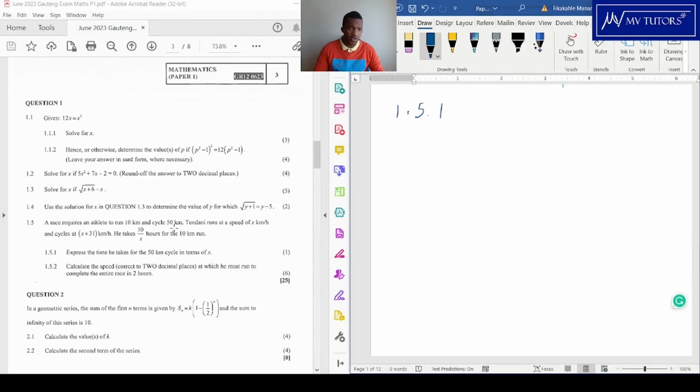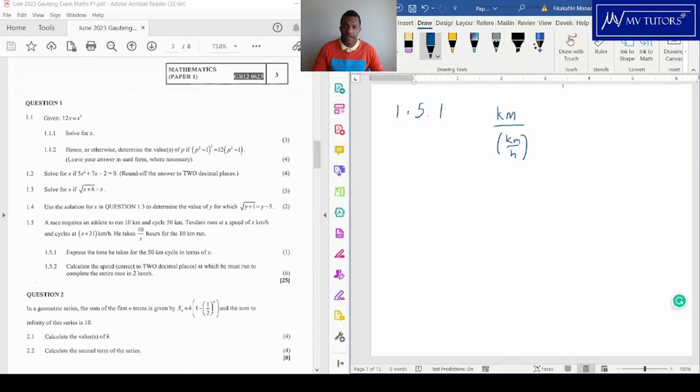Then they told us here that he cycles at x plus 3 kilometers per hour. Now I like to start with the units, because the answer should be in terms of time. So if I say kilometers divided by kilometers per hour, right?